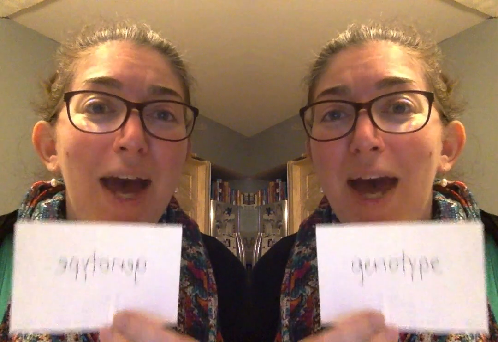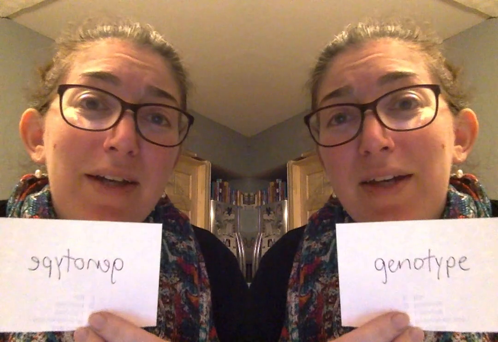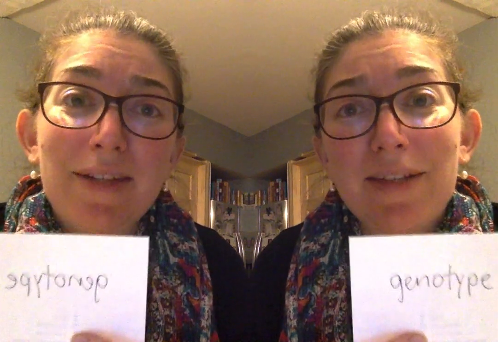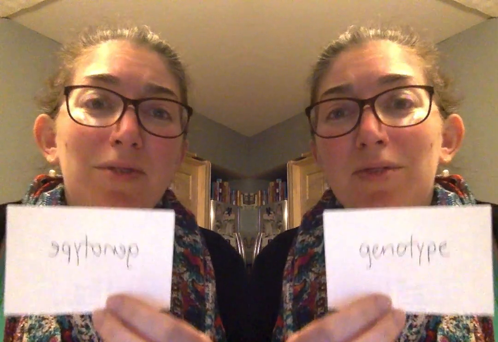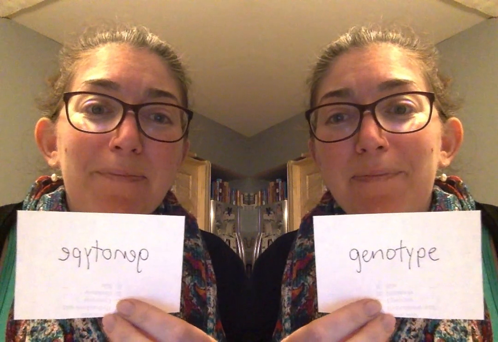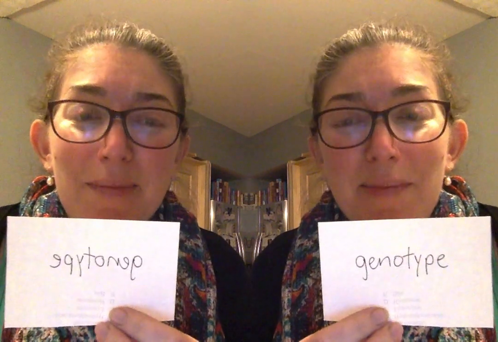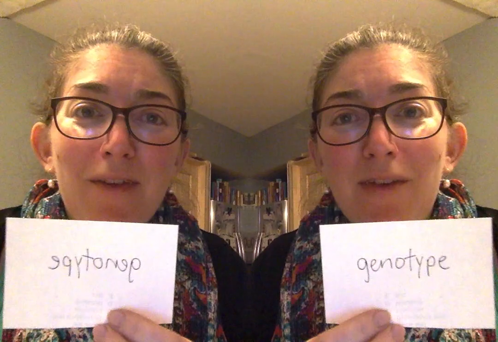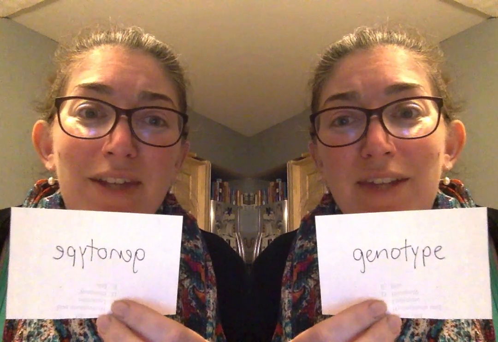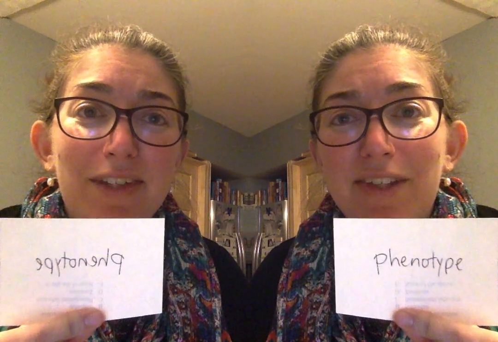But just because you have a gene for something doesn't mean you express it, doesn't mean you actually have that trait, because a lot of times you have multiple genes that contribute to a trait. For example, sickle cell anemia is a disease where if you have both copies for sickle cell anemia, you get the phenotype, the trait or the disease of having sickle cell.